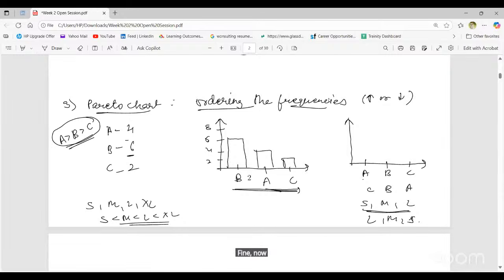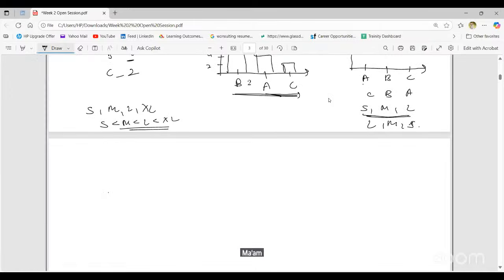Now is it clear? Can you give an example of ordinal data? Pareto chart में ordinal data का example दे दो. It's the same thing. Okay, ma'am, let's take the sizes: small, medium, and large.